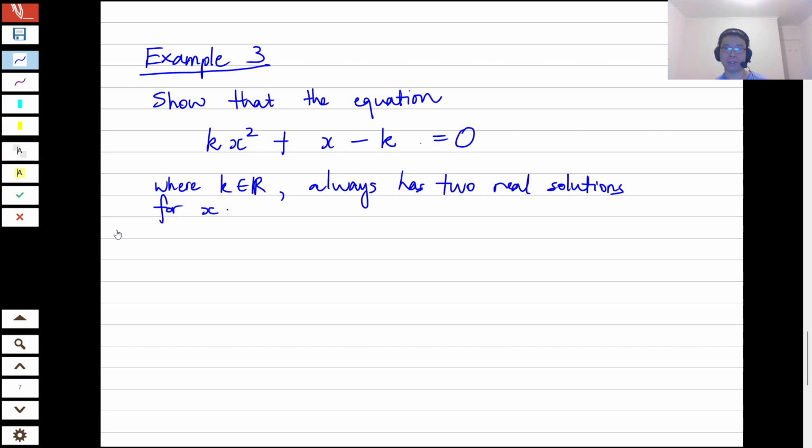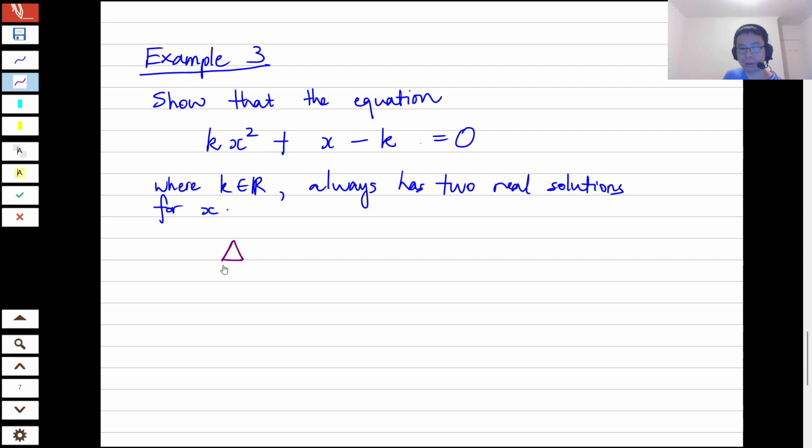So the claim is, no matter which value of k I choose, so k could be any real number, there's always going to be two real solutions. How would we go about showing something like this? And the answer involves using the discriminant.